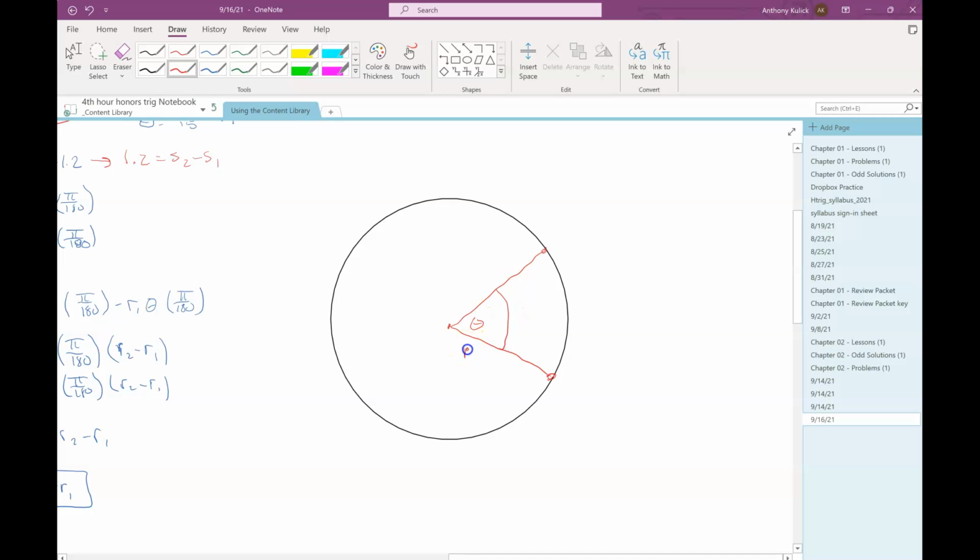So if I want to talk about this S1 and R1, and say I want to talk about this S2 and this R2, I know that theta is equal to S1 over R1. And I know that theta is also equal to S2 over R2.